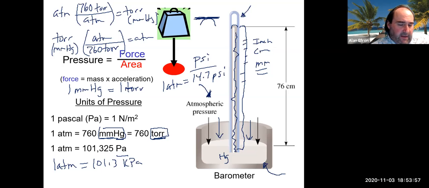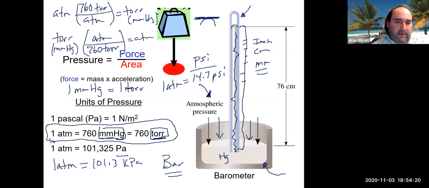Another common unit of pressure is the bar, which is about 1.01 atmospheres. But like I said, these three, atmospheres, millimeters of mercury, and torr, are probably the ones you'll see most of the time. And again, that means 760 is a really important number to remember to allow you to convert between them.